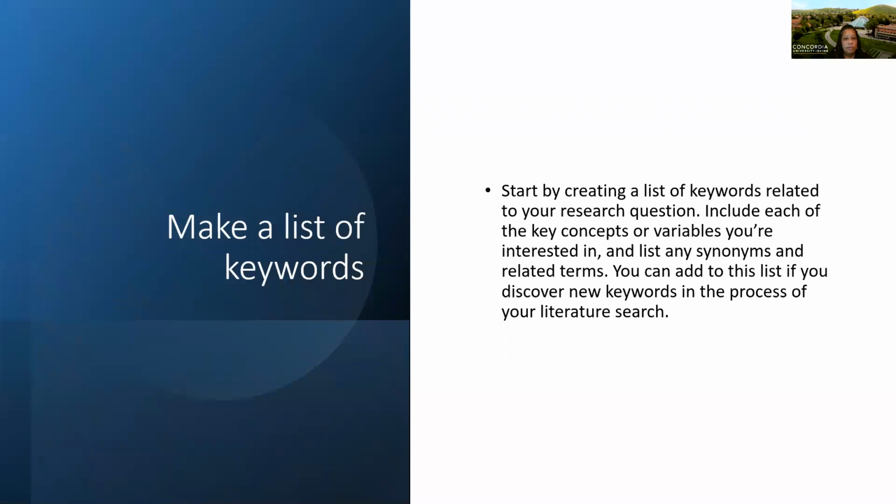So some things you should have done already is make a list of keywords related to the research question, include key concepts or variables that you're interested in, list any synonyms or related terms, and if you discover new keywords, go ahead and write those down as well.